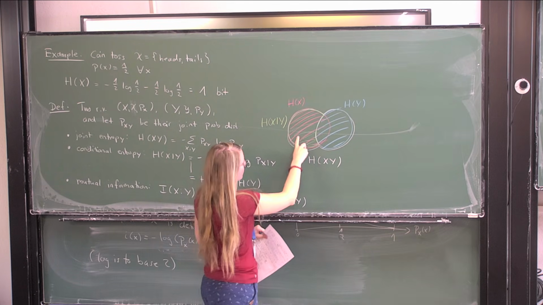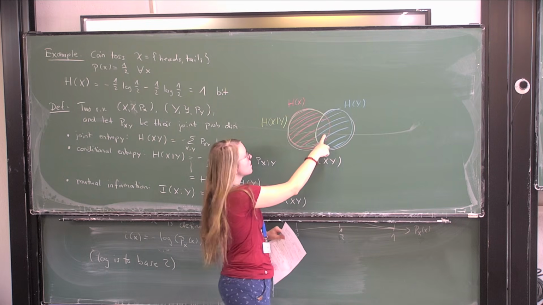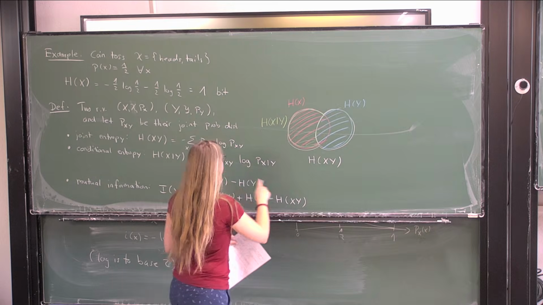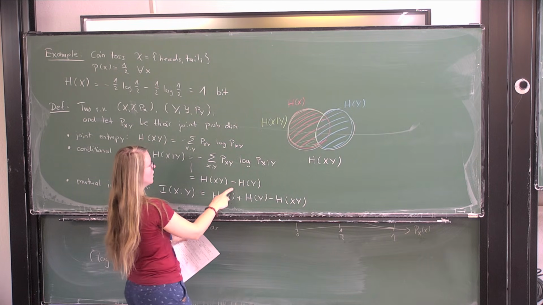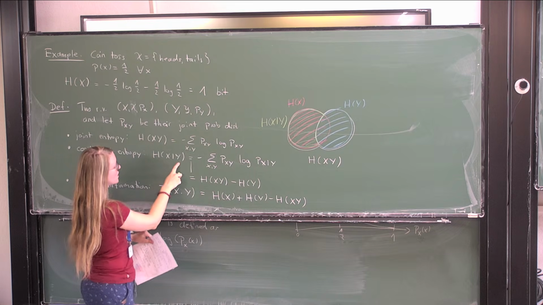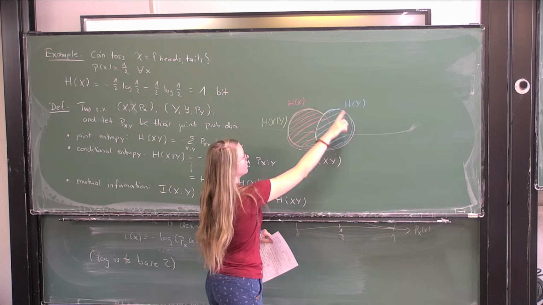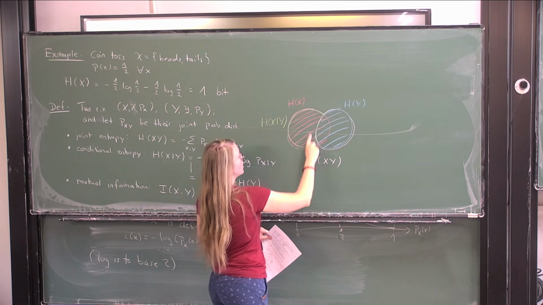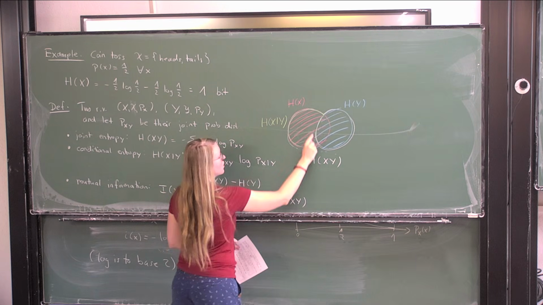As you see, you already know y, so you already know this part about x, and you only learn the rest of it. This also fits well with this formula here: the conditional entropy of x given y is the joint entropy minus the entropy of y. Exactly, you take the whole thing and take away H(y), then you're left with the rest of this circle.